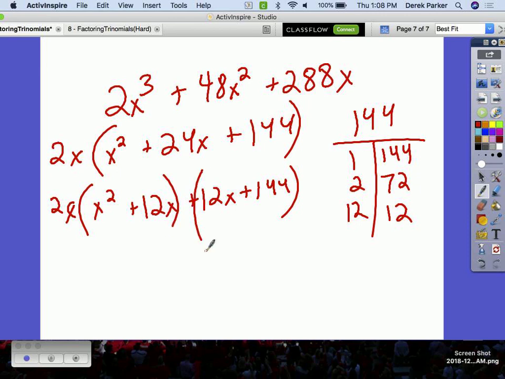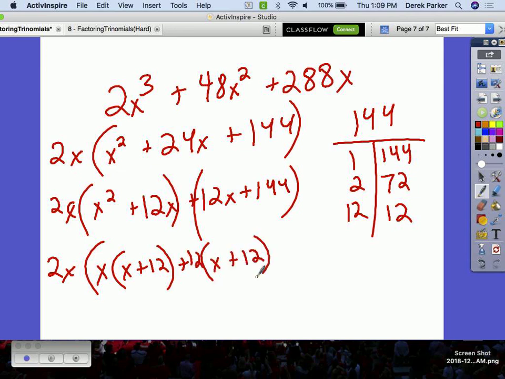Now parenthesis that off. As you can tell, they're all x plus 12. So what this is going to be is 2x, parentheses, x plus 12 squared.